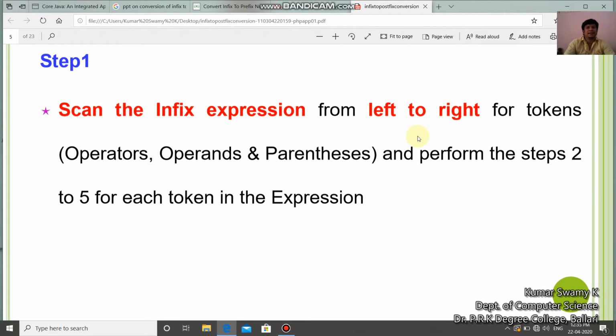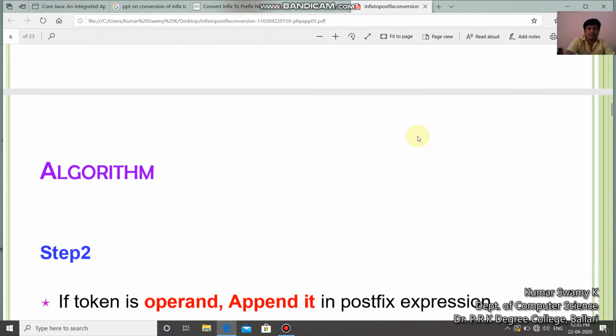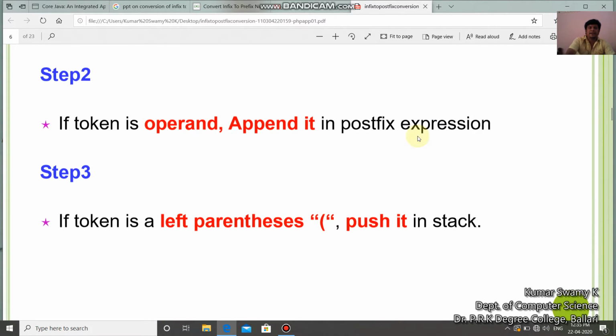Each token means, every time we visit a particular symbol, that part we call a token. The second step: if the token is an operand, then append that token to the postfix expression. So try to understand the second step.